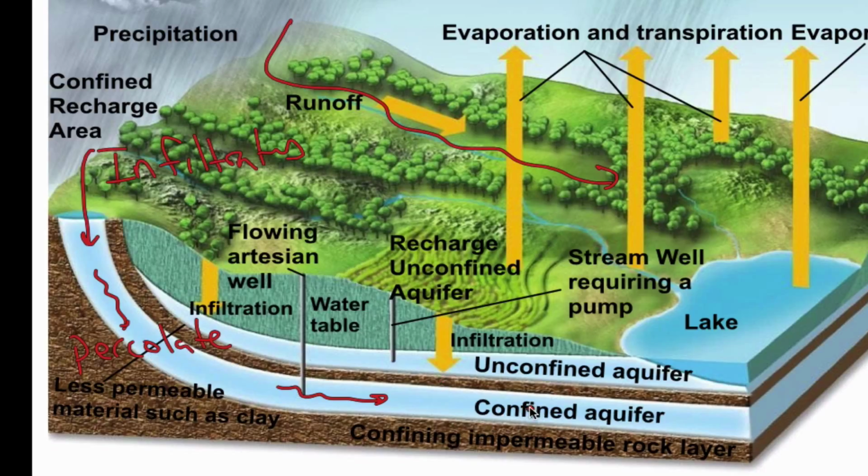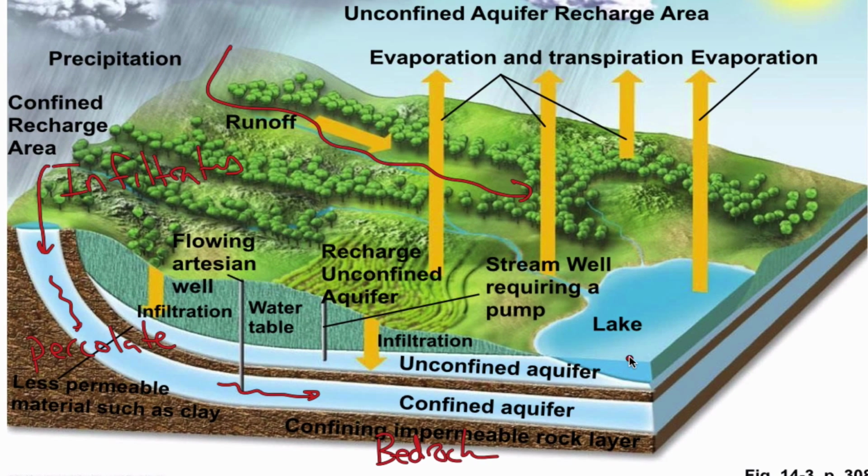Now we see we have a confined and unconfined aquifer. A confined aquifer is trapped between two impermeable layers of sediment or bedrock that could be in this area. So these would be very similar to our Magothy and Lloyd aquifers on Long Island. Our unconfined aquifer would be similar to our upper glacial. And you can see basically this water infiltrates into the ground and is able to make it into that aquifer. We have our water table in this region right here.